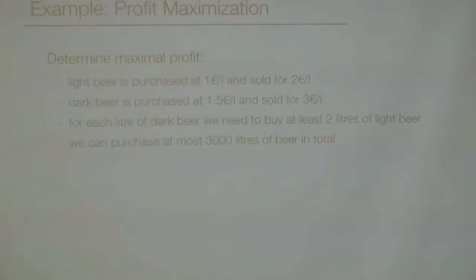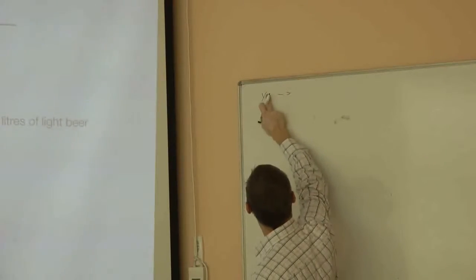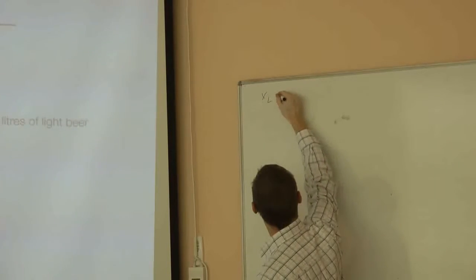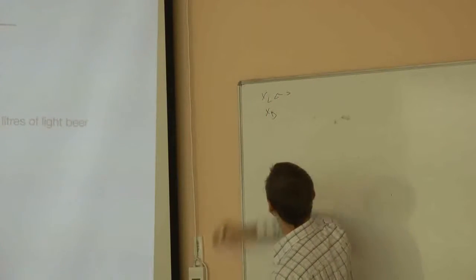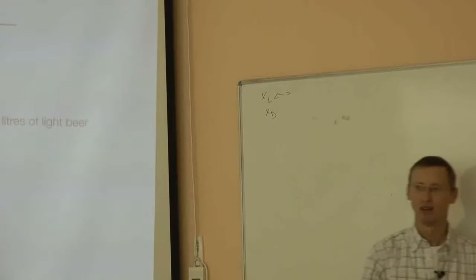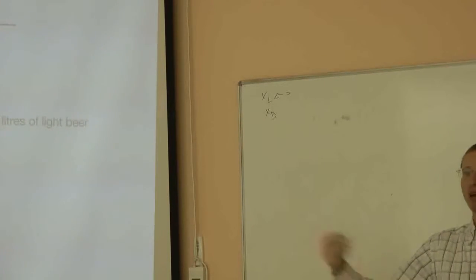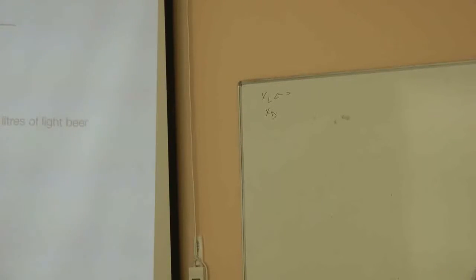Again, step number 1, determine what the optimization variables are. So we will have XL for the light beer, and XD for the dark beer. Now, direction of the optimization. Are we going to minimize or maximize?